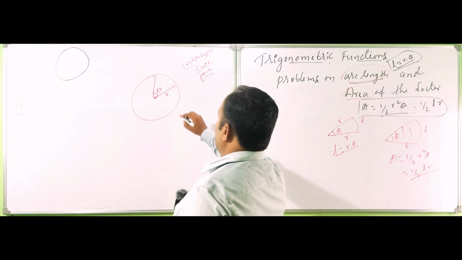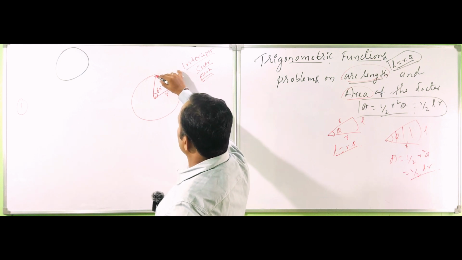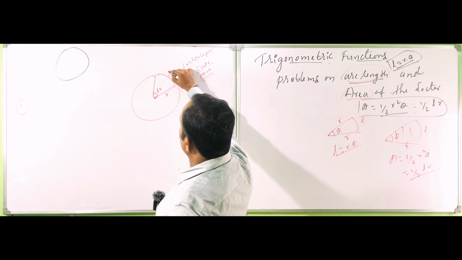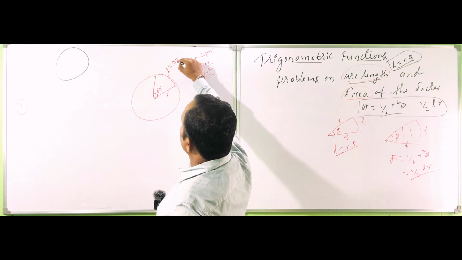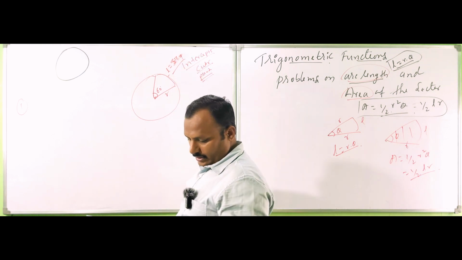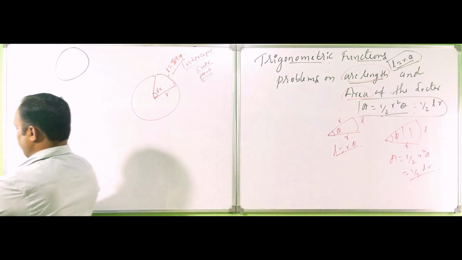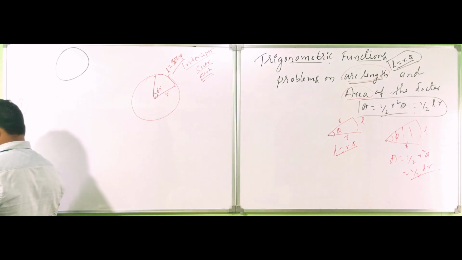So L becomes 37.4. For this example, find the radius of the circle.